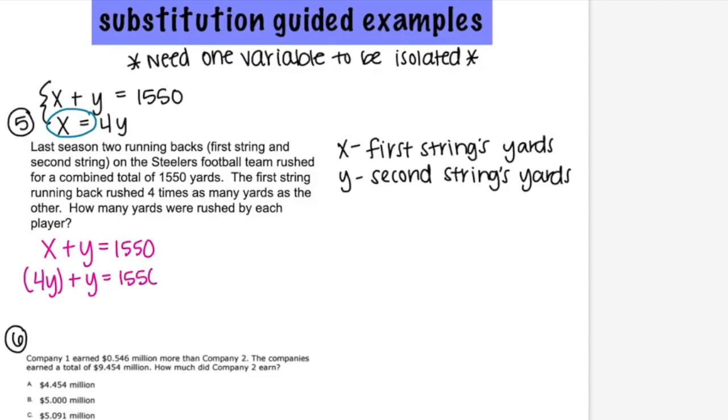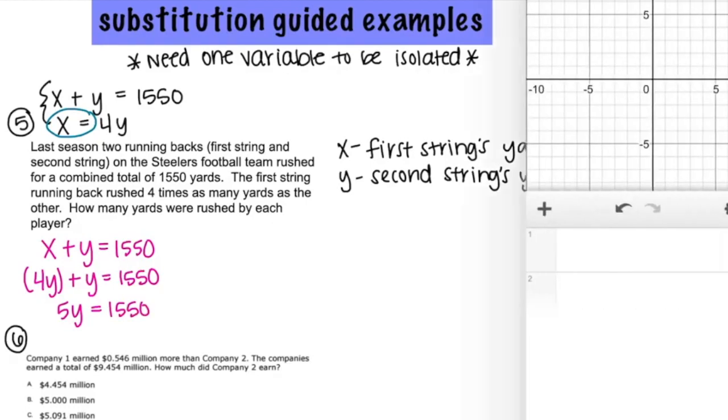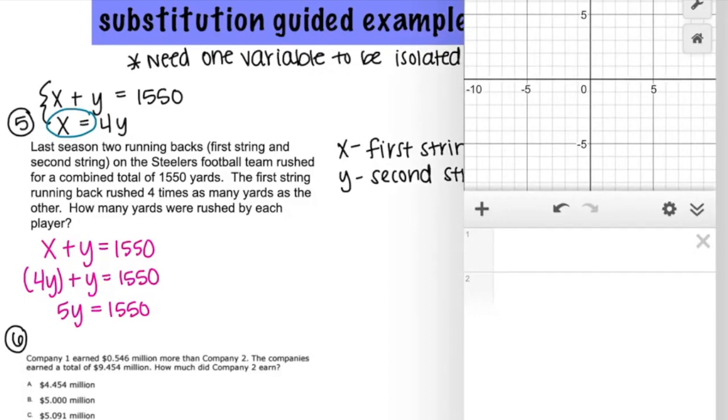So if x is the same as 4y, I'm just going to plug that right in for there. All right, so 4y plus y, that's a total of 5y, is 1,550.